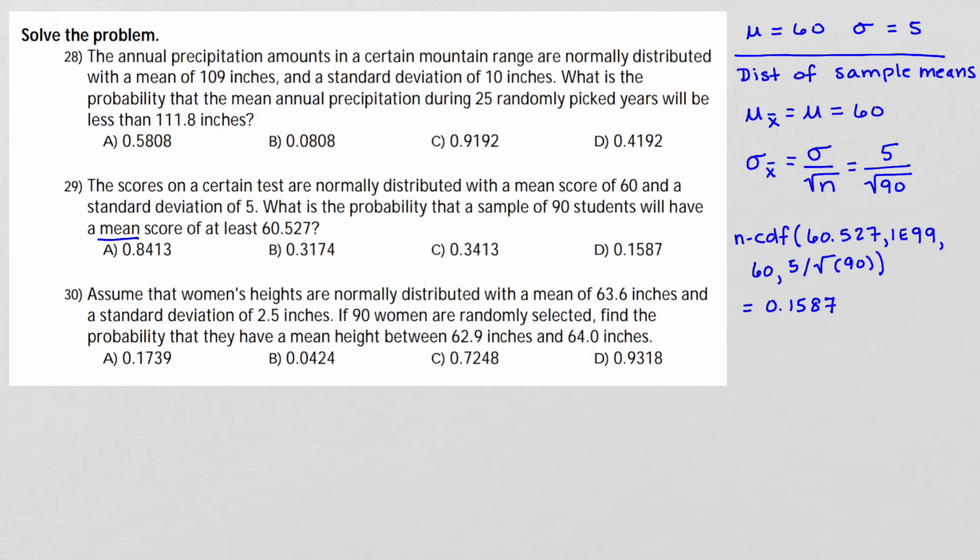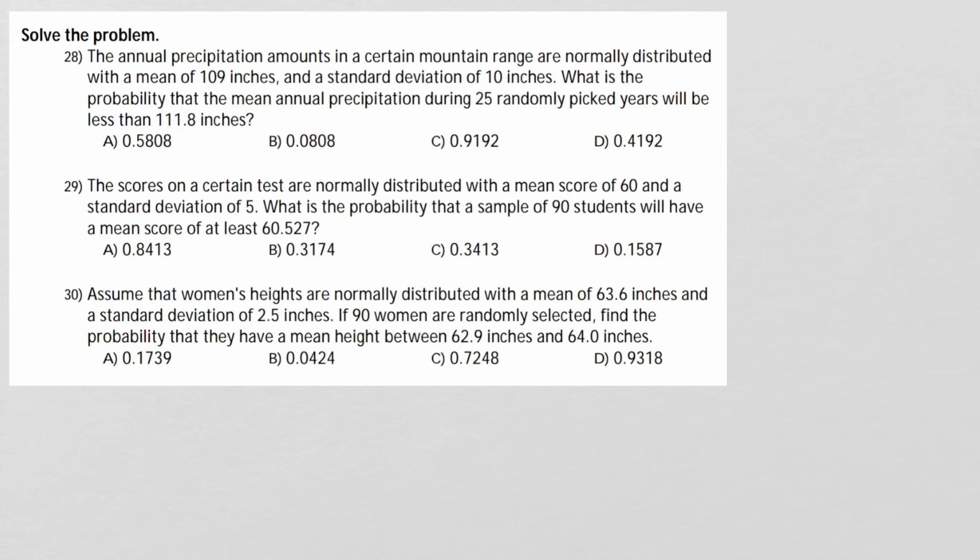And now for number 30, it says, assume that women's heights are normally distributed with a mean of 63.6 inches and a standard deviation of 2.5 inches. If 90 women are randomly selected, find the probability they have a mean height between 62.9 inches and 64 inches.